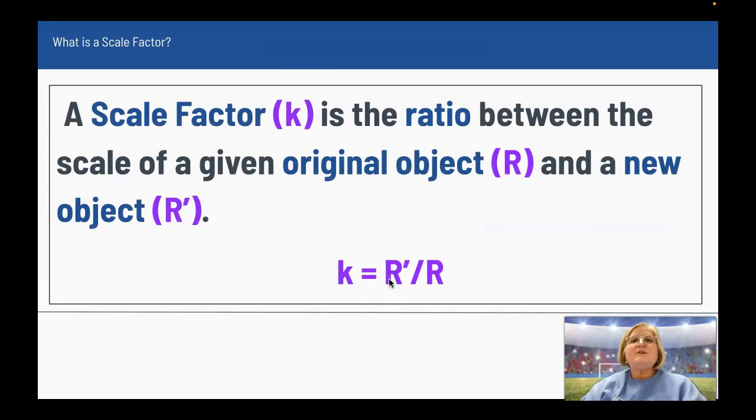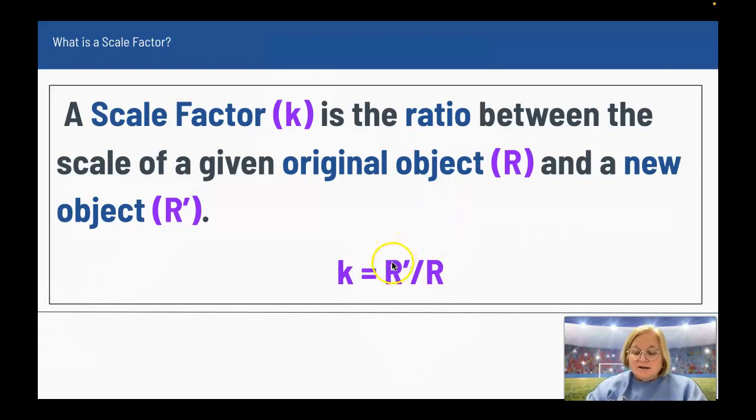A scale factor K is the ratio between the scale of a given original object, R, and a new object, which we call R prime. So it's pretty similar, it's just a different size. K is equal to R prime, so the new object, divided by R, which is the original object.